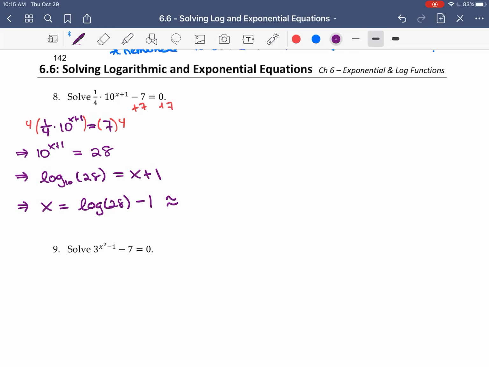And if you compute that, you get approximately 0.447. Now we didn't have to compute a log of any negative numbers, and our original equation was an exponential, so we don't have to worry about anything bad happening. So we know that this is going to be a valid solution.